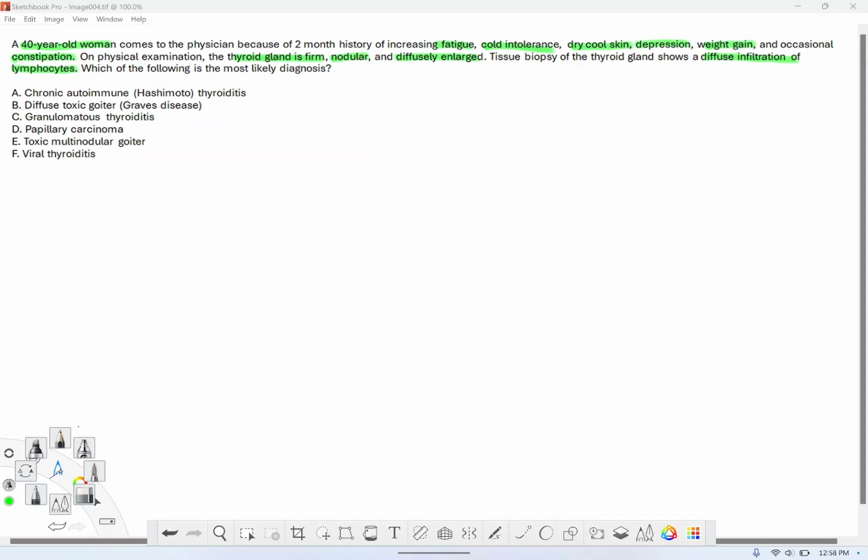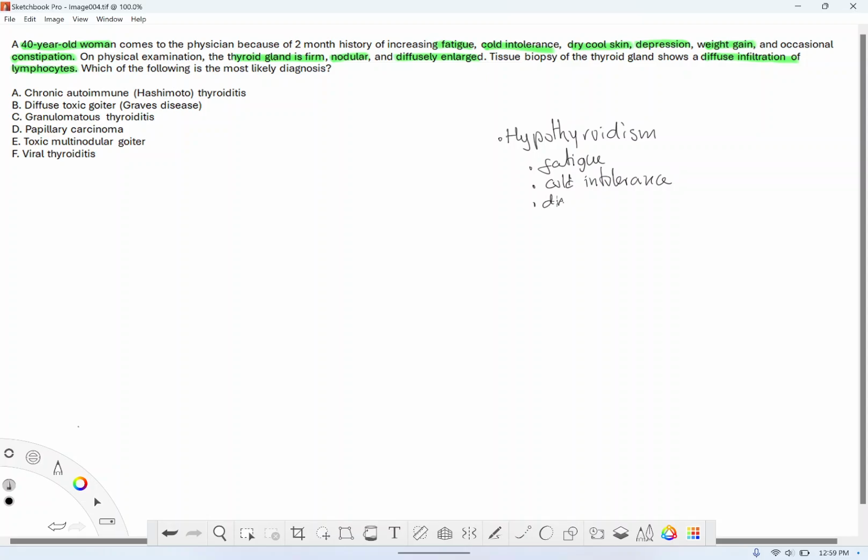Again, with this constellation of symptoms, at least one thing I'm coming to the conclusion is that this is hypothyroidism, so it will make my life easier. Why? Because there is fatigue, cold intolerance, and dry, cool skin.